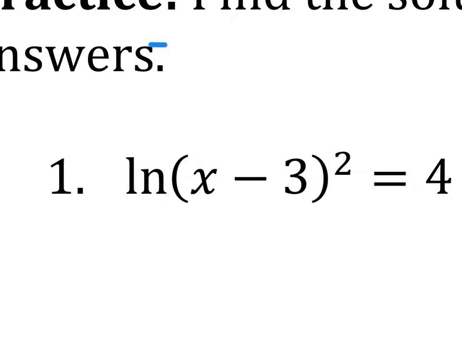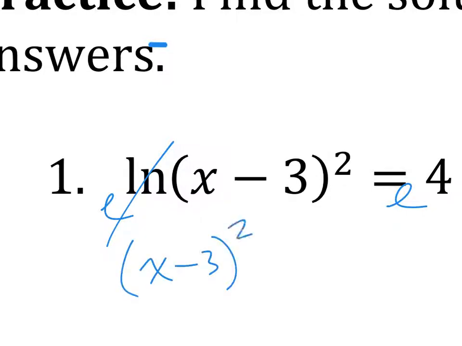E. So I have to raise both sides by e. E to the natural log is just gone. Okay, that cancels. So this is (x minus 3) squared equals e to the 4th. The reason we can cancel this is because natural log has a base e.